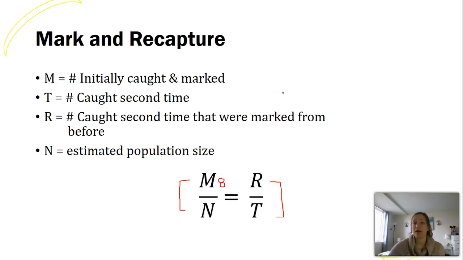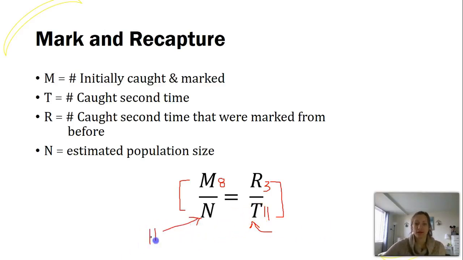The next day I go out and I found 11 whales. Of those 11 whales, I only saw 3 that were marked. That's what the R is. R is for recapture. So M is for marked, R is how many I recaptured the second time, and T is for total.